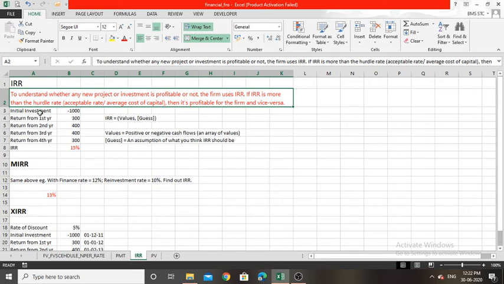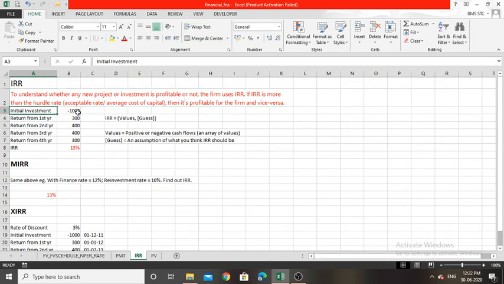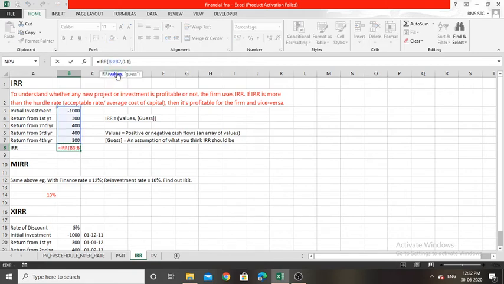For IRR, the initial investment was 1000 and the returns year by year are also given here. So we have to find out what the rate will be. The IRR function has 2 arguments: values, comma, guess. As I described about the guess argument, it is an assumption of what you think this particular value should look like.